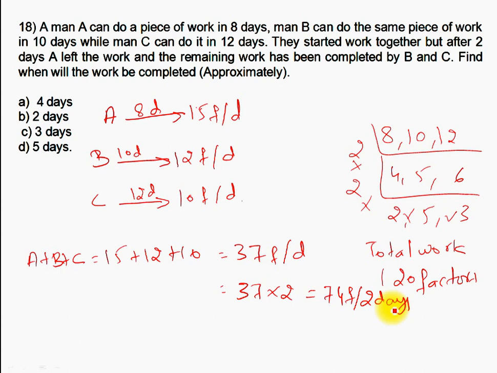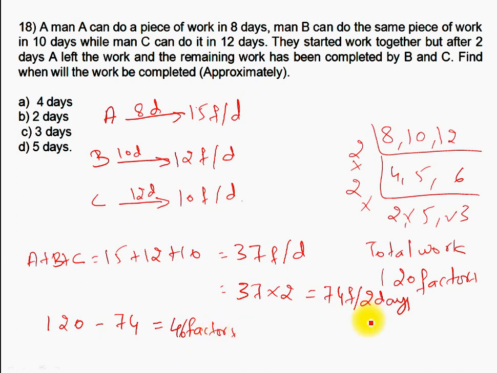Then after 2 days A left. Our total work is 120, completed work is 74, 120 minus 74, so the remaining work is 46 factors.